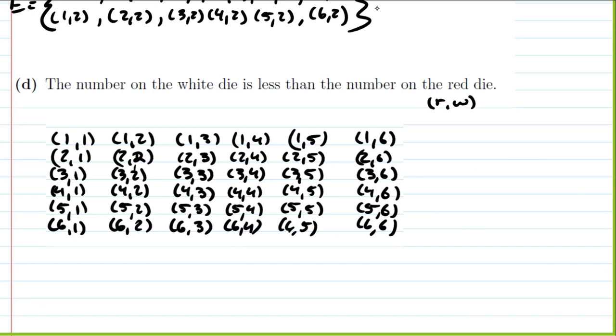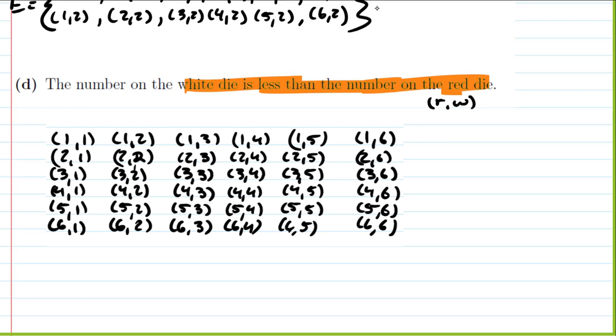And what did we want? We want the white die to be less than the number on the red die. So that means that the second digit has to be smaller than the first digit, right?